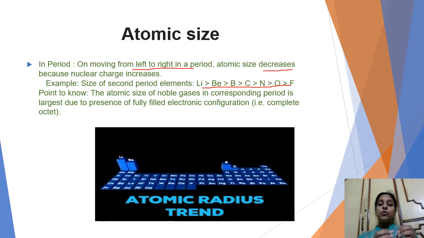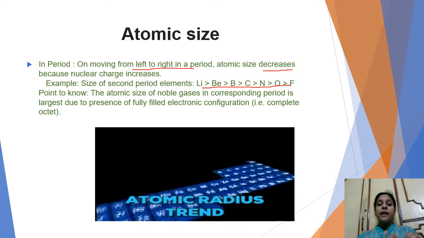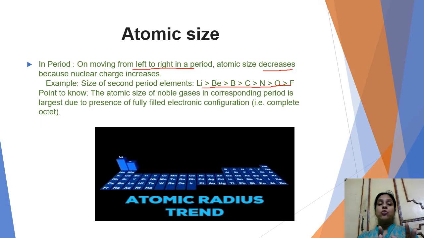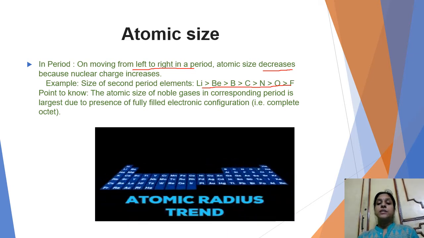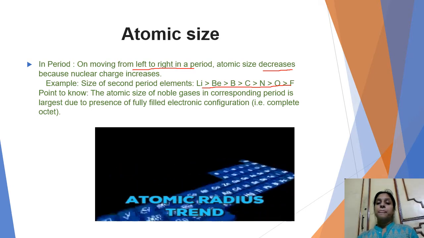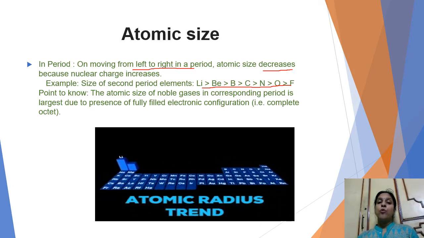Instead, the nuclear charge, which you say is the number of protons in the nucleus, goes on increasing, due to which the nuclear force of attraction to the outermost electrons, the valence electrons, goes on increasing, and because of which the nuclear pull increases, and that's why we can say that the size goes on decreasing when we move from left to right.